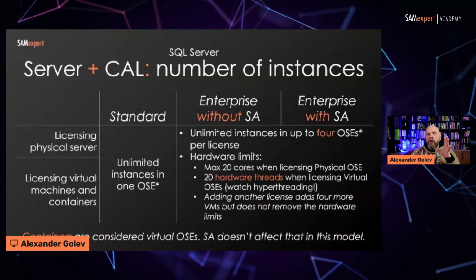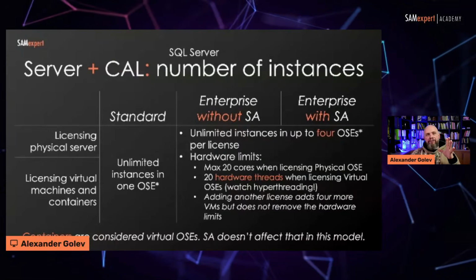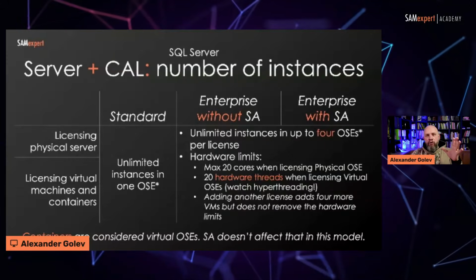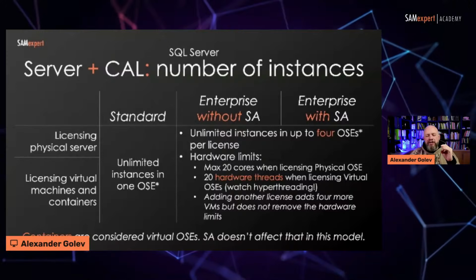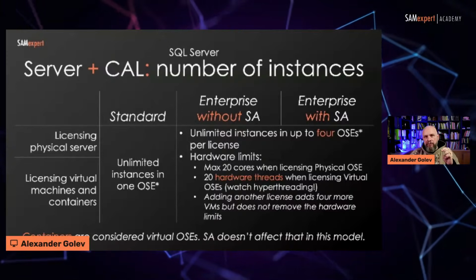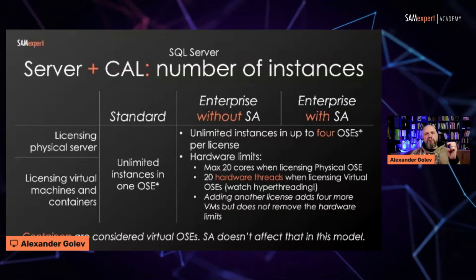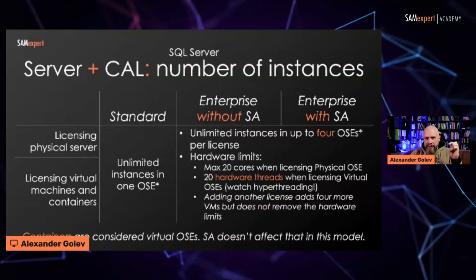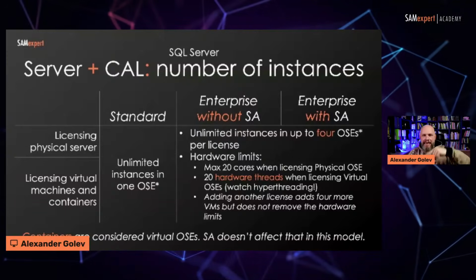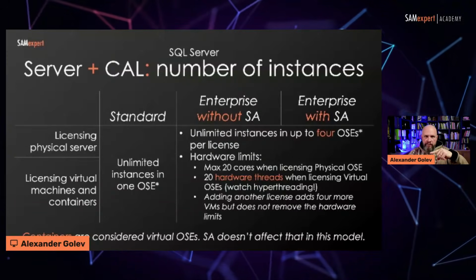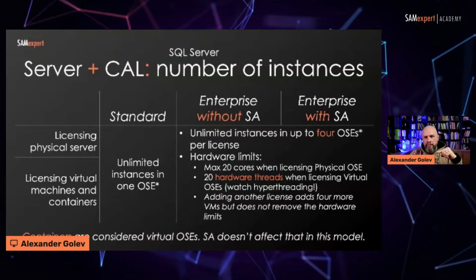What it means for cost savings is, if you have 2, 3, 4 applications with very similar SQL Server requirements, for example, they all require SQL Server Standard 2019, you may install SQL Server 4 times in the same operating system under one license.